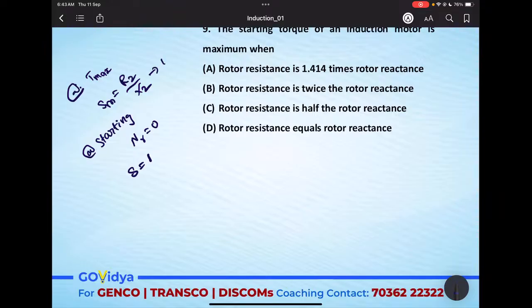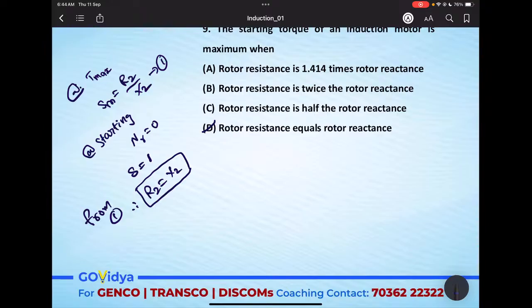So from equation 1, R2 equals X2. This is the condition for maximum starting torque. Okay, so let's see the options. Our suitable option is D, rotor resistance equal to the rotor reactance.